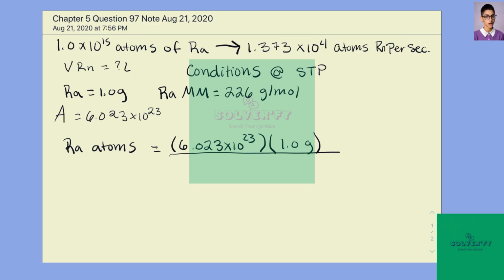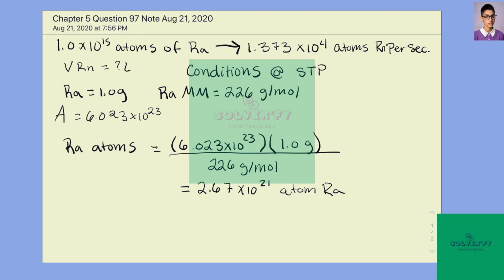And we're going to divide this by the molar mass, so 226 grams per mole. And this will give us the atoms of radium that we have. So when we calculate this out, it's going to be 2.67 times 10 to the 21st atoms of radium that we have.